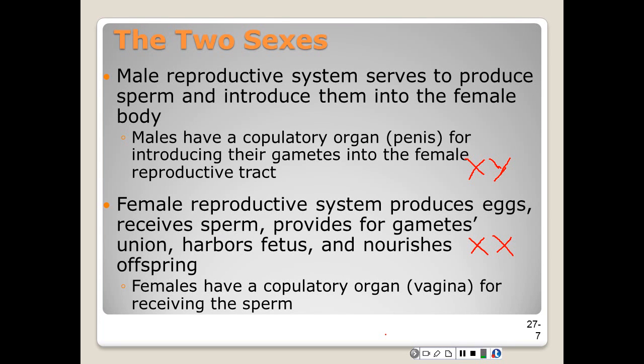Now the female reproductive system produces these eggs, receives the sperm, provides for the gametes to be united with each other, and harbors the fetus as well as nourishes the fetus during the proper development stage. And of course, the female has a copulatory organ called the vagina, which receives the sperm.